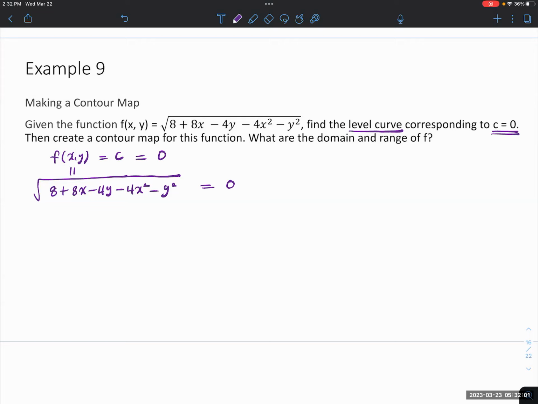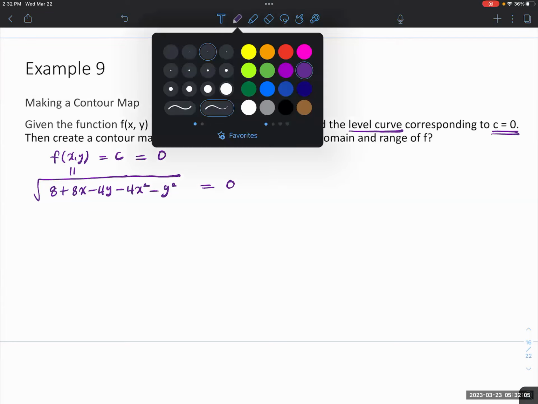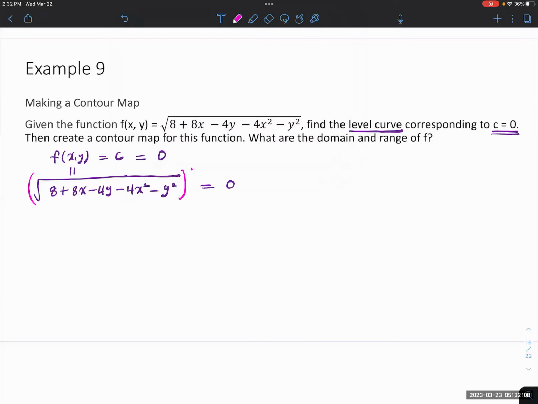So now we can modify it a little bit. Let me square both sides to get rid of this radical. So then this one will be just 8 plus 8x, 4y, 4x squared, y squared equal to 0. Beautiful, getting simpler.